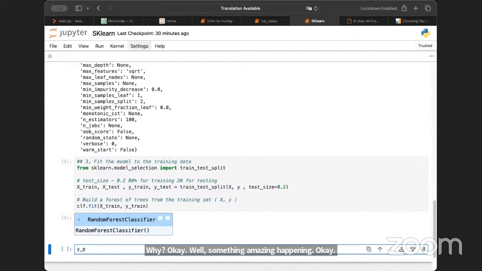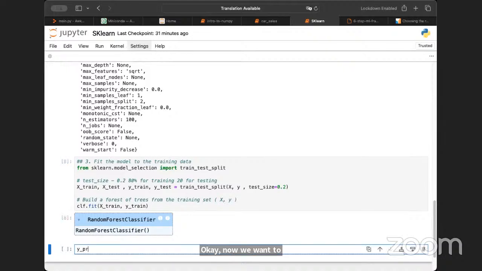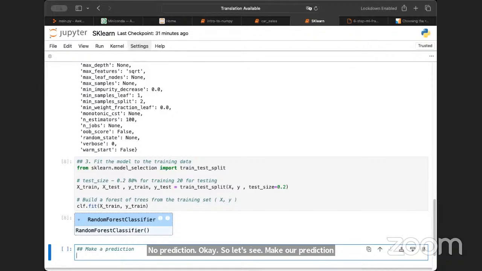And now we want to do prediction. So let's make a prediction: CLF.predict(X_test).